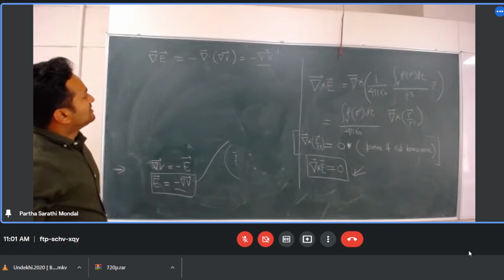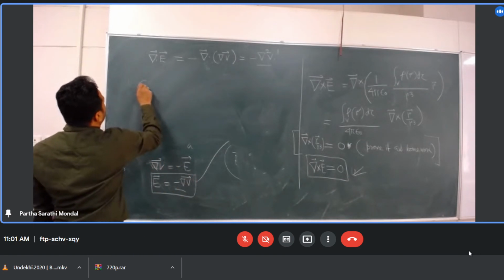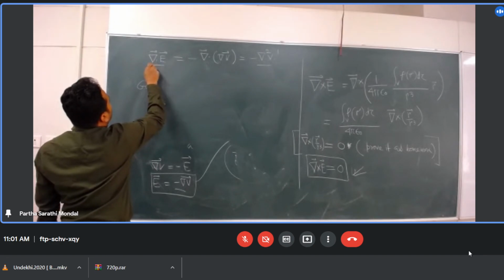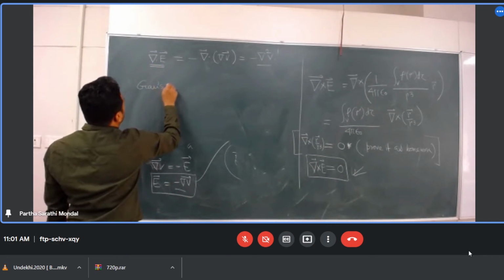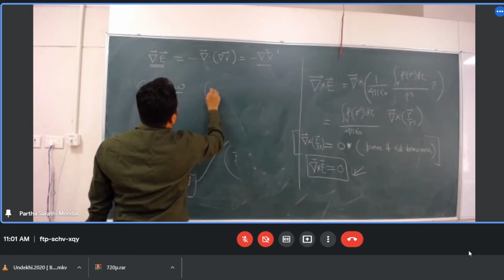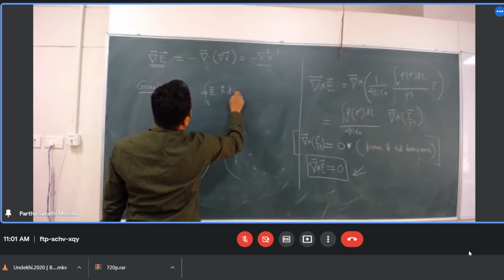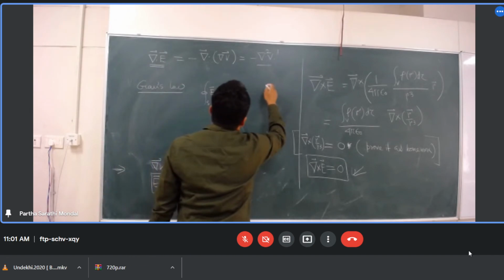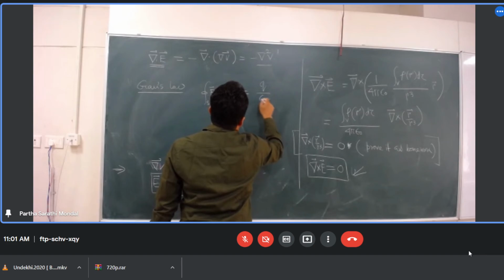So now we have to rewrite the Gauss law again. If I write the Gauss law, I have to find out the value of divergence of E. What was the Gauss law? Total flux, surface integral E dot ds, equals the total charge Q divided by epsilon 0.